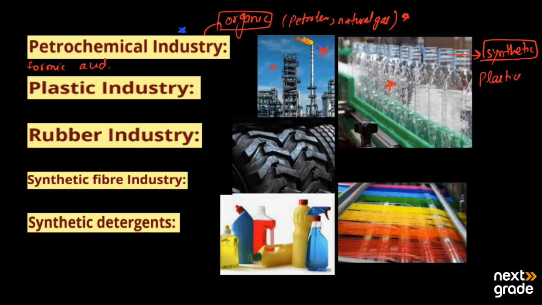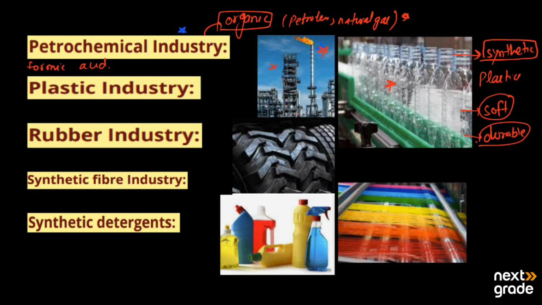These are basically polymers, also known as polyesters. They can be given any shape when they are soft. After some time, they harden and become durable products that we have prepared using organic compounds or hydrocarbons as raw material.